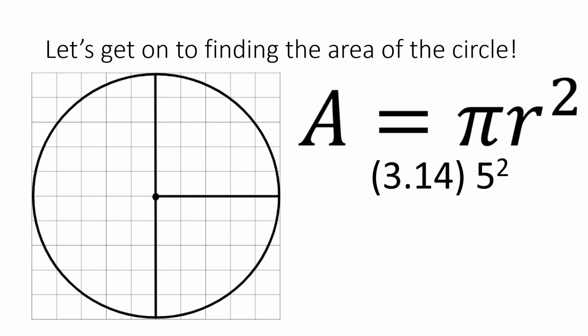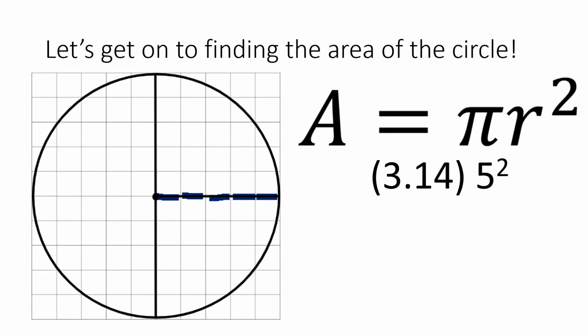The radius of this particular circle is 5 units. And if we count those, we can see it goes 1, 2, 3, 4, 5 units. That's our radius for this particular circle. So that squared then goes along with the radius.